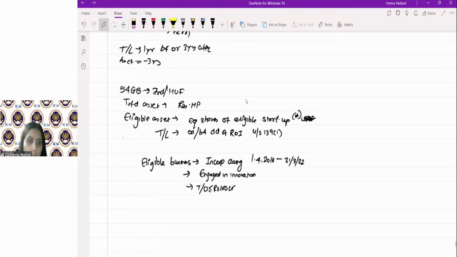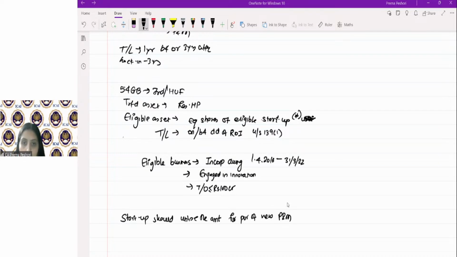The company, the startup, should utilize the amount for purchase of new plant and machinery within a period of 1 year from the date of subscription in equity shares.